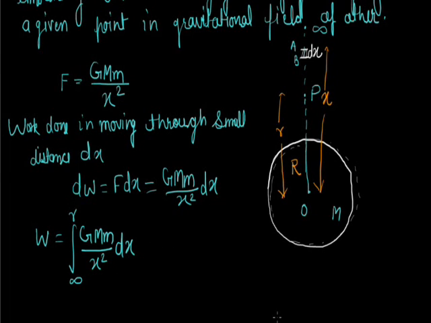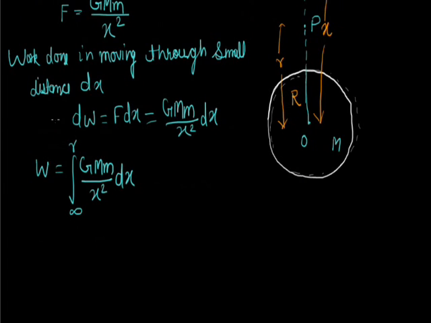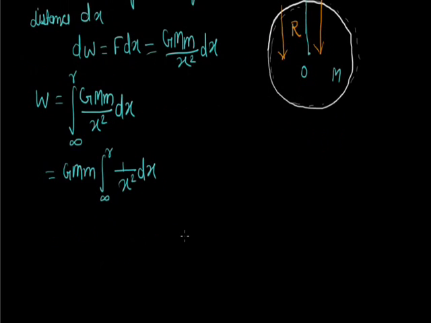Now by integrating this, here G M m is constant, so it can be taken out. Integration from infinity to r of 1 by x square dx, and the integration of 1 by x square will be minus 1 by x, with limit infinity to r.